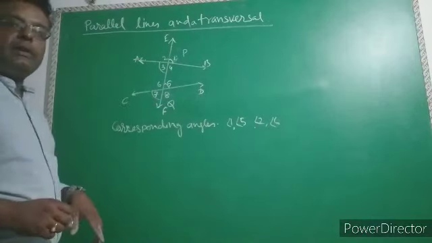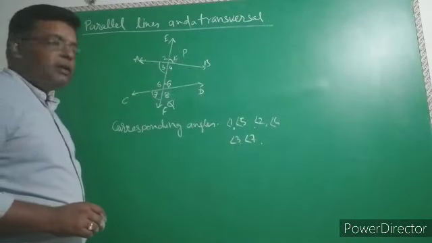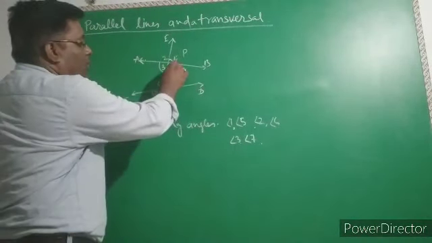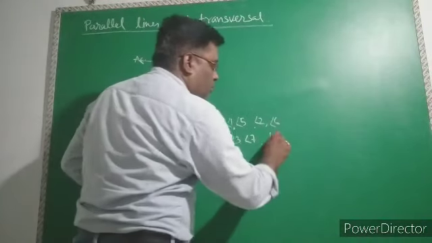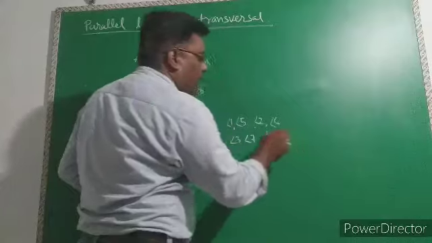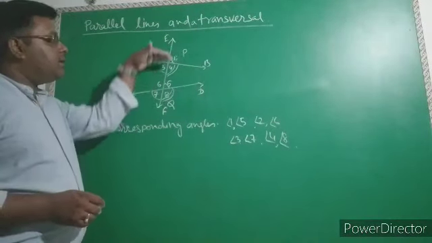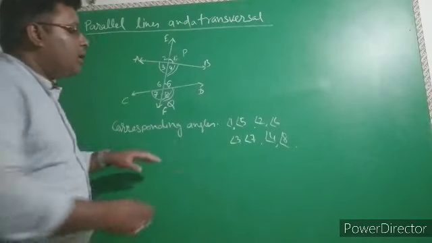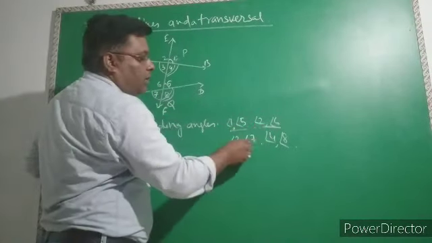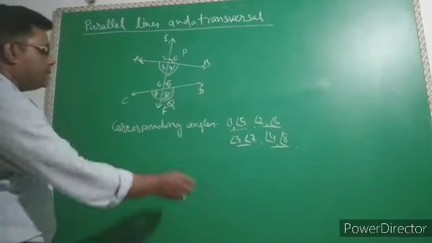So angle 3 and angle 7 are also corresponding angles. Next, 4 and 8 are also corresponding angles. That is, when 2 lines are intersected by a transversal, we get 4 pairs of corresponding angles.